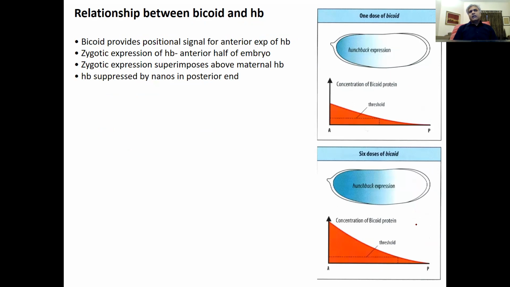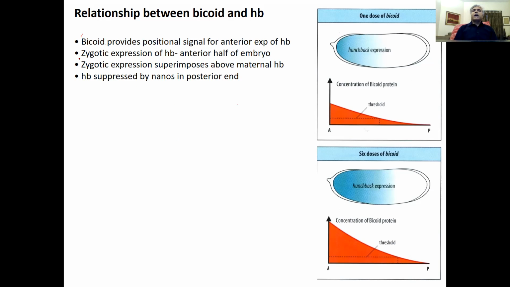Okay, so what we learned is that bicoid is actually the one which activates hunchback. Hunchback comes in as maternal effect messenger RNA as well, and wherever we see bicoid, we also see hunchback. But bicoid as a transcription factor also binds to the hunchback gene, the zygotic gene, and activates its transcription as well.